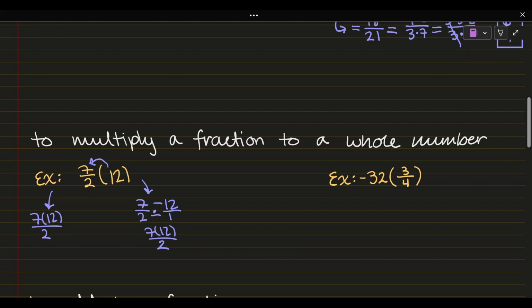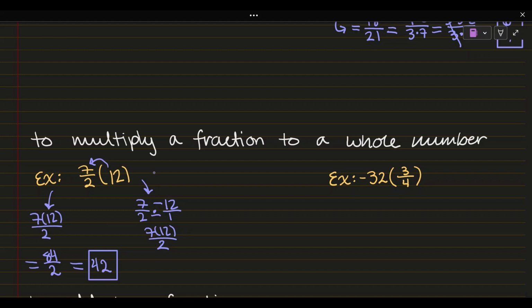7 times 12 is 84. And then I have 84 over 2. 84 is divisible by 2, that is 42. So what I actually have is 42. Great.